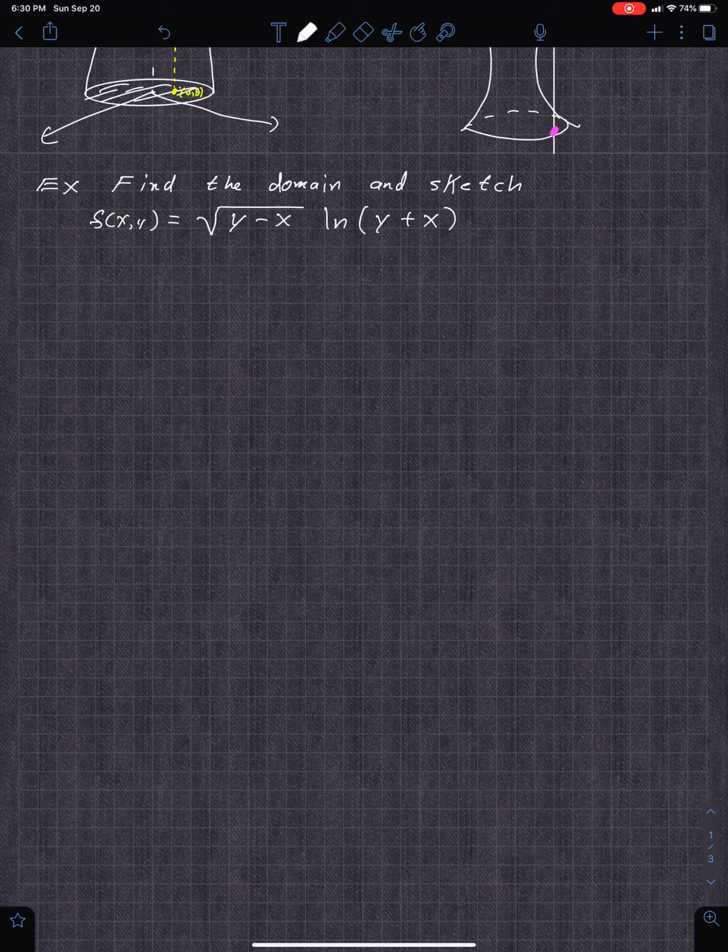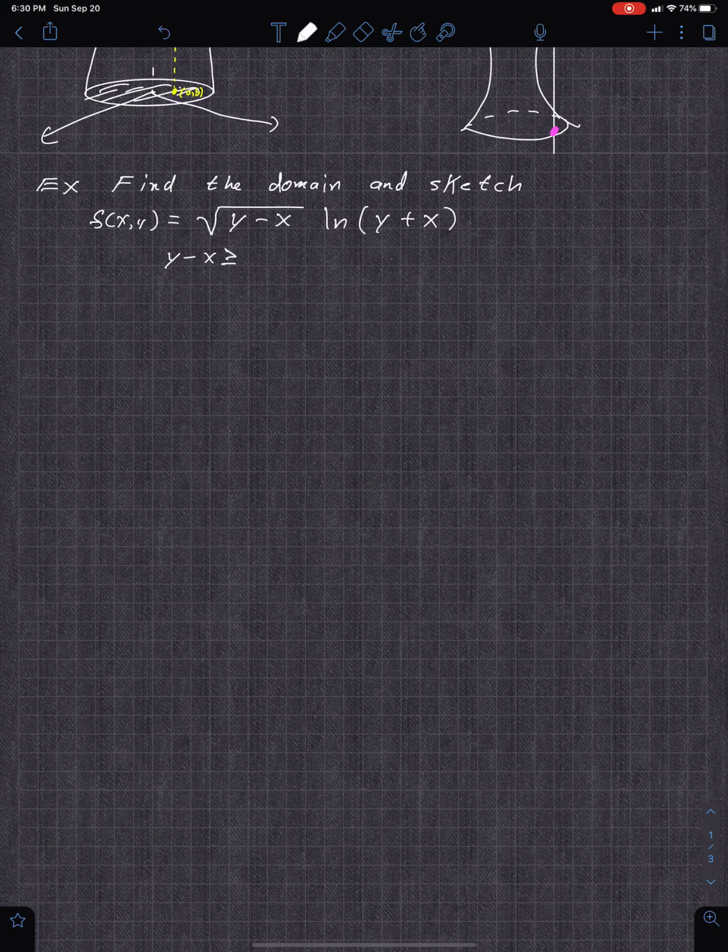Well, it's just like the vector valued functions where you look at the intersection of each of the functions. Now this has basically two functions that are a product. So we have two things going on here. We have that y minus x must be what?